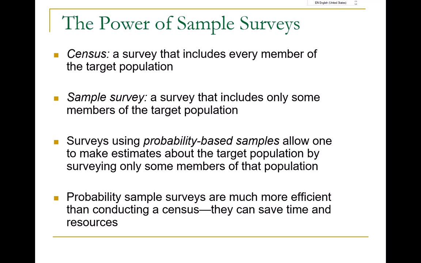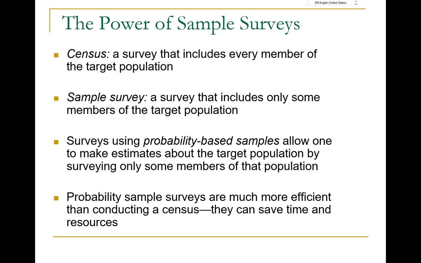It's important to understand the difference between a census and a survey. A census includes every member of the target population, providing complete data. However, conducting a census can be time-consuming and resource-intensive. This is where sample surveys come in.